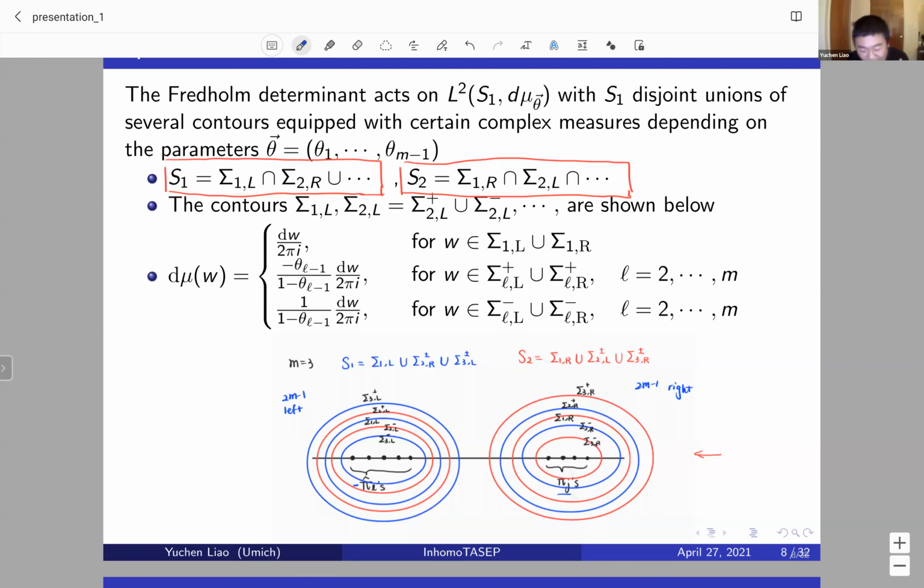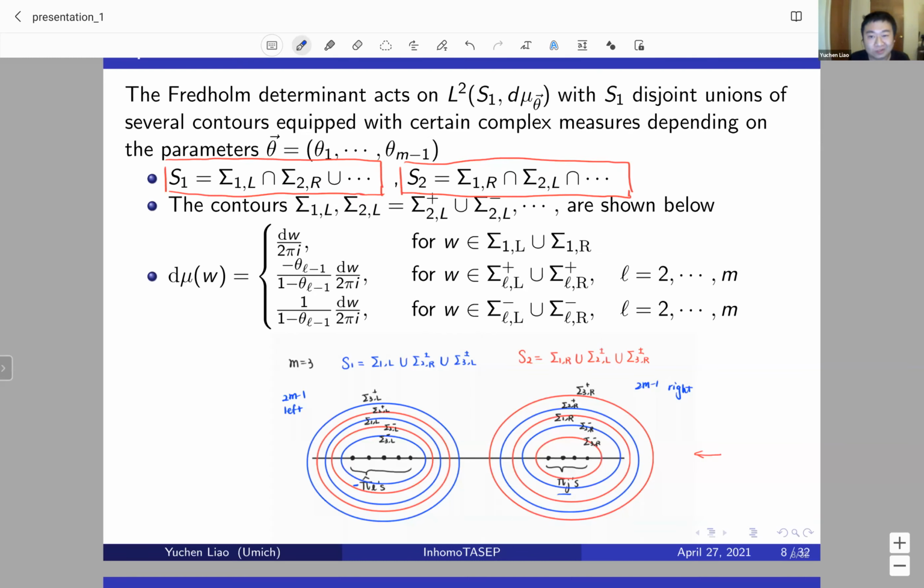This space actually doesn't depend on the actual parameter sigma, but we introduce some dependence on the parameter theta by putting complex measures on these contours. One could put these parameters into the kernel, but this is the most natural way to me to associate those parameters to the kernel.